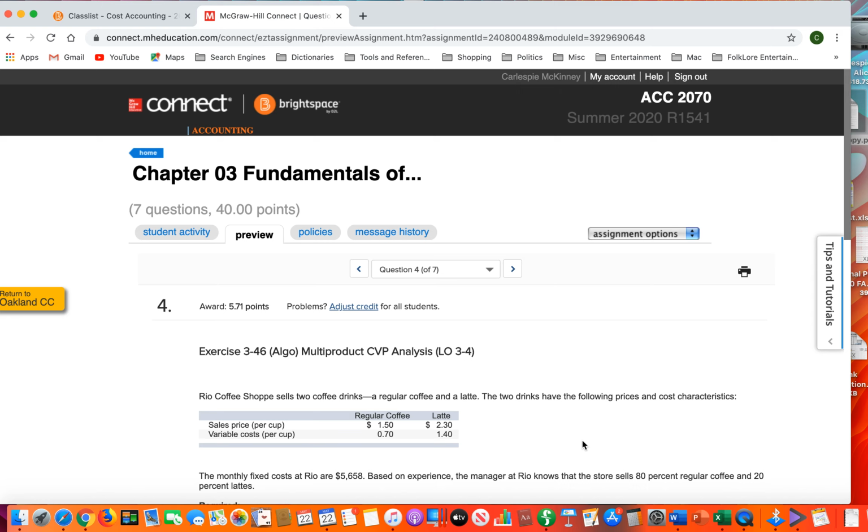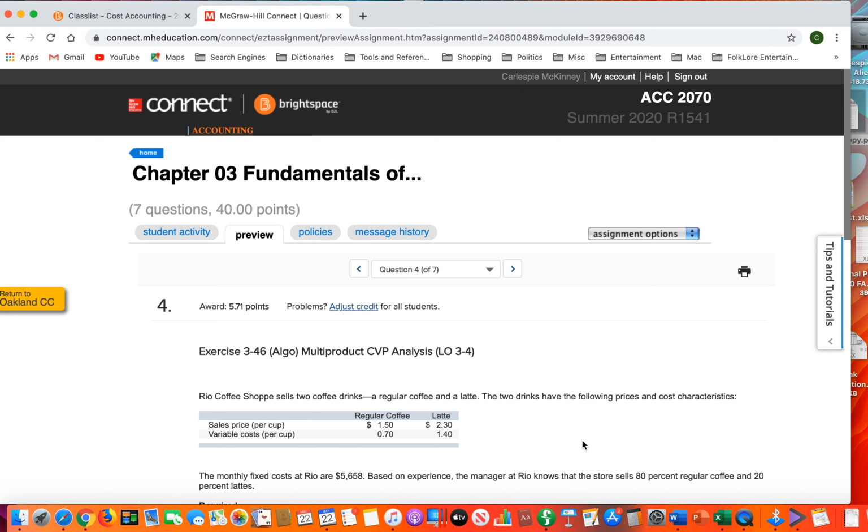Well, for coffee it's 80 cents, $1.50 minus 70. For the latte it's 90 cents, $2.30 minus $1.40. So now we know that the contribution margin per cup for coffee is 80 cents and is 90 cents for latte.